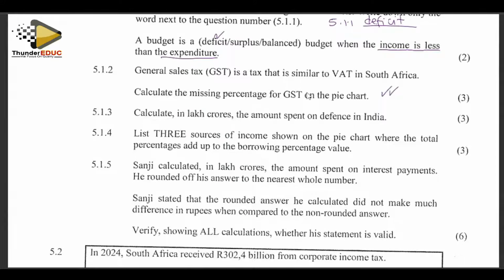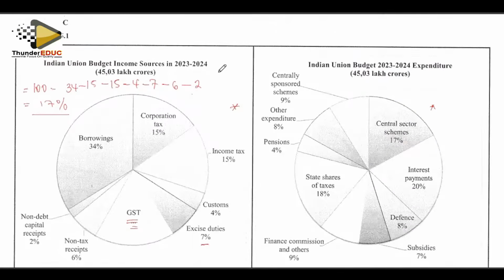It's 17%. Calculate the lakh crores, the amount paid on defense in India. Now, when we come here, remember, the amount spent is expenditure, not income. So on defense, it's 8%. But how much money are they looking at? They're looking at 45.03 lakh crores.